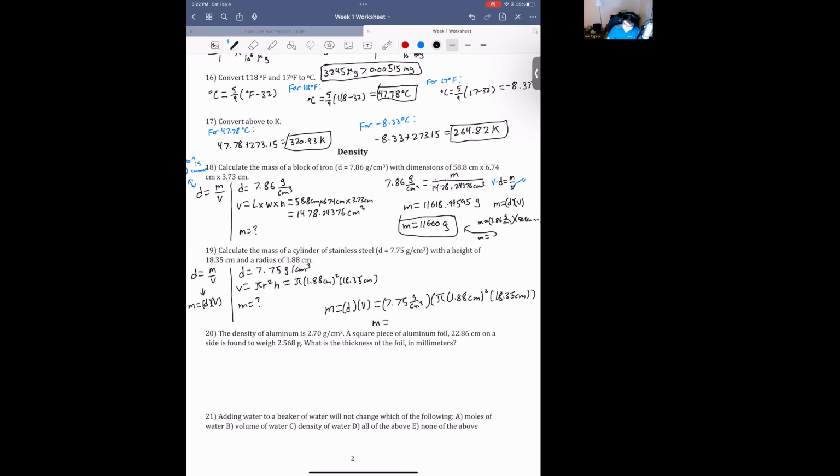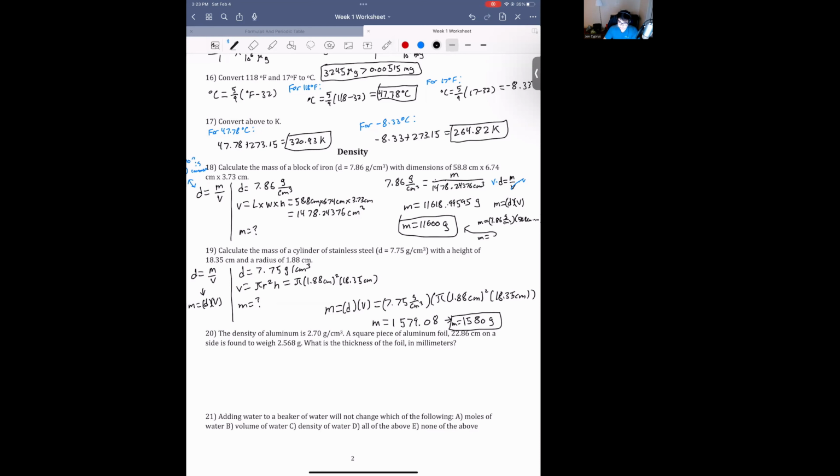So we end up getting M is equal to 1,579.08. I just rounded, but now we're actually just going to round to 3 sig figs. So 1580 grams.